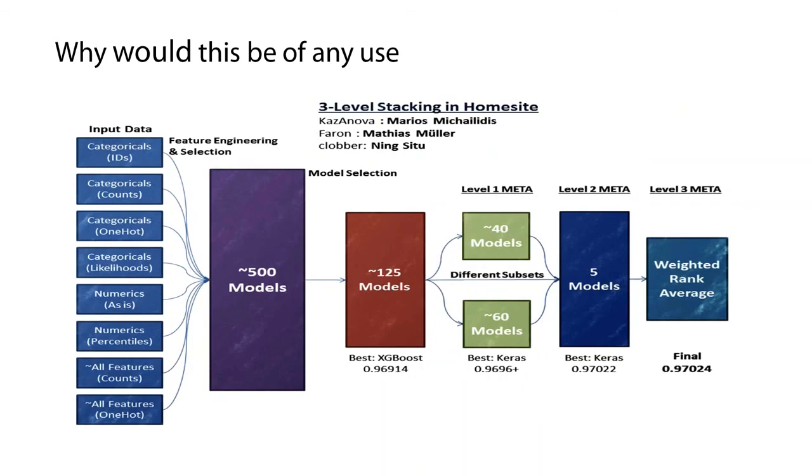And it was organized by HomeSite. This was an endurance competition, and we again pretty much used the same framework. We built various data sets, we built many models, and we fed the predictions of these models to a 3-layer architecture of meta modeling in order to get the best prediction.